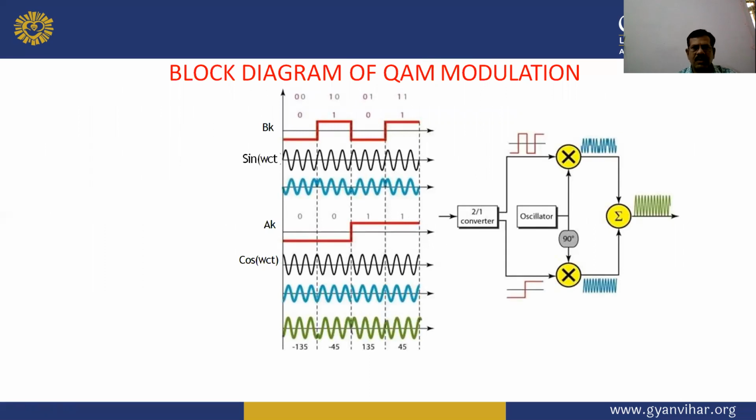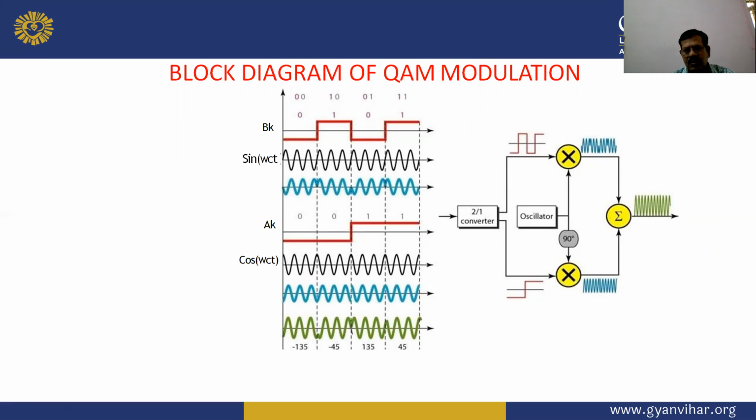This is the block diagram of the QAM modulation technique, in which there is a converter and generally an oscillator that generates the carrier frequency signal, and the converter generates the signals in the form of digital.